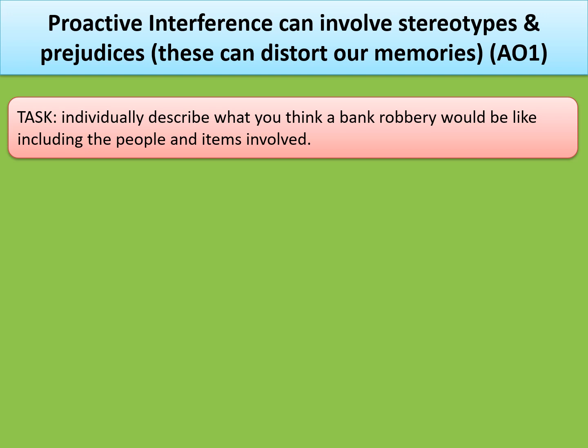The last thing about proactive interference is that it can involve stereotypes and prejudices, which can distort our memories. When we're talking about proactive interference, we're talking about older memories, things that are already there, that are blocking and distorting newer memories. So a task to identify this: pause the video and think about a bank robbery.